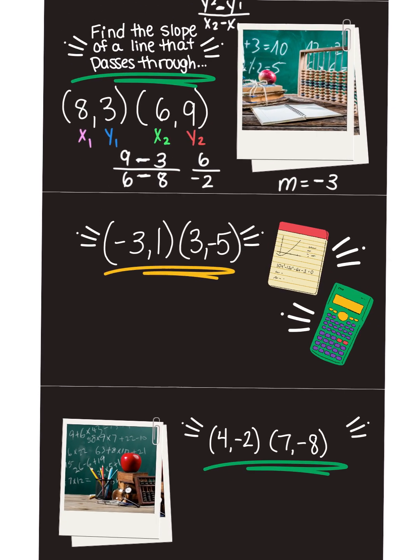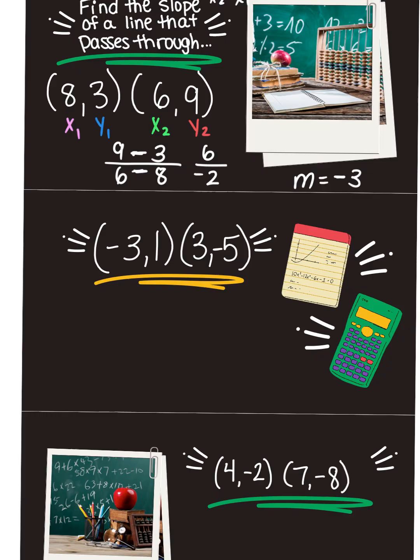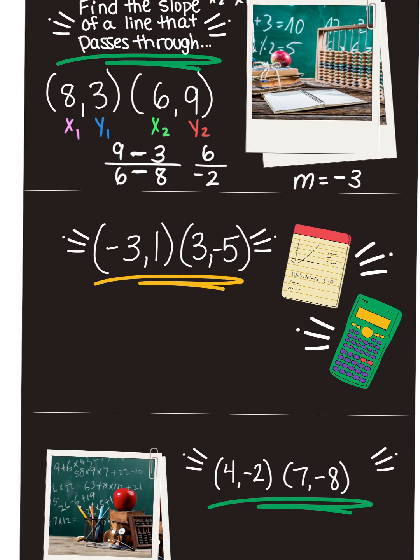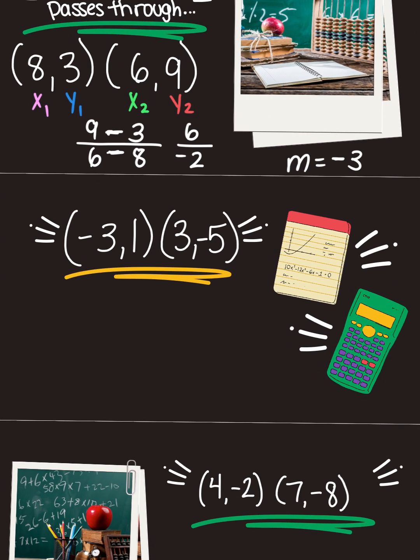All right, let's try this next one. Again, I would always write the formula first. So the formula says y2 minus y1 over x2 minus x1.